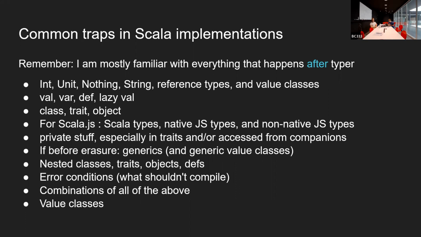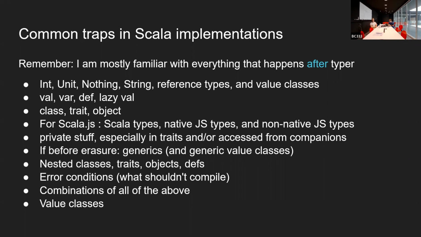So remember, I'm mostly familiar with everything that happens in the compiler after typer. So this is biased towards everything that happens after typer. For people who work really in the type checker, it's probably a different set of common things that will pop up, but that I'm not so knowledgeable about.